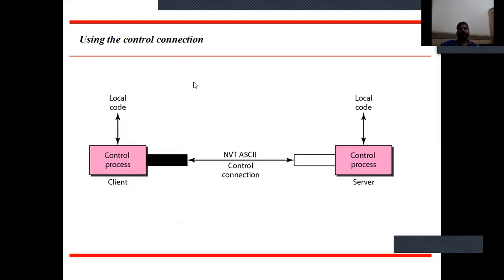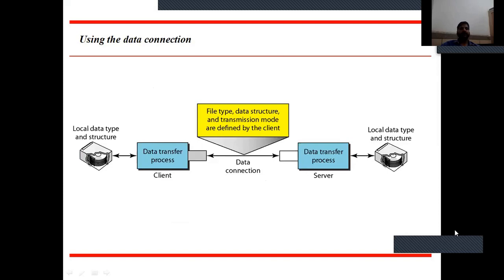Using the control connection, the local code controls the process, and NVT ASCII is used on the control connection. On the server side, the control process, local code, and NVT ASCII let the client and server understand each other. Using the data connection, in the data transfer process on the client side, the file type, data structure, and transmission mode are defined by the client.